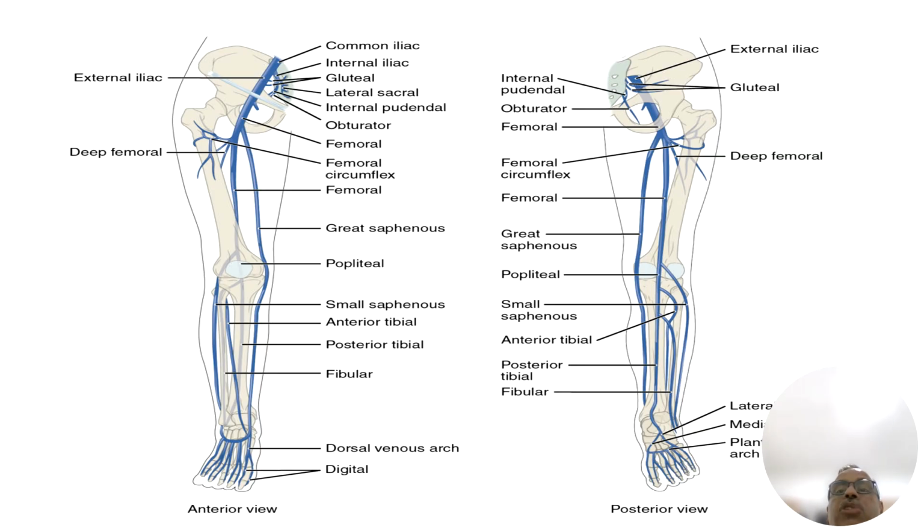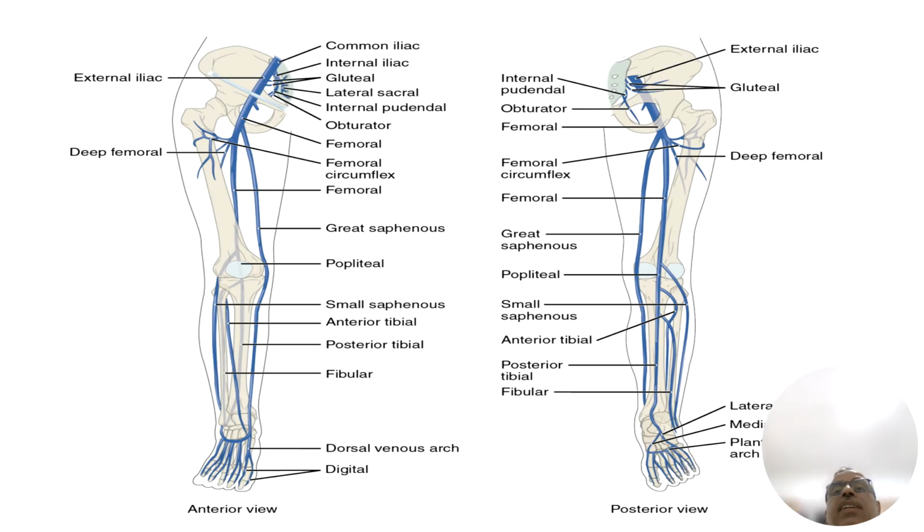Just to recapitulate, mainly the dorsal venous arch forms the superficial venous system, whereas the plantar arch, which consists of lateral and medial plantar veins, fuses to take part in the formation of deep veins, where we have the posterior tibial and fibular veins and the anterior tibial vein, which join in the calf to form the popliteal vein.